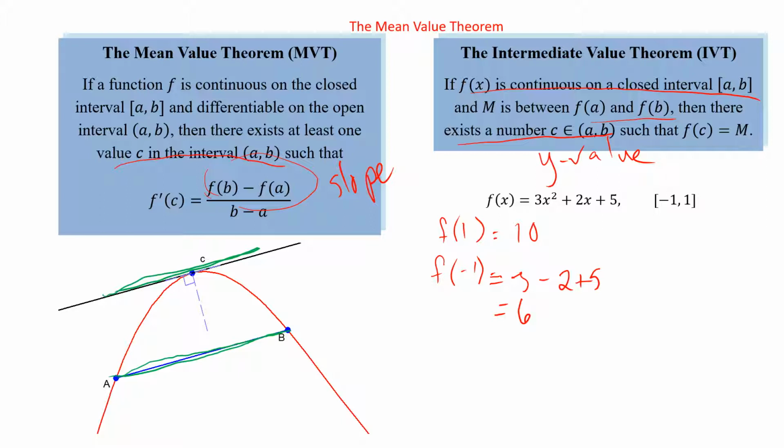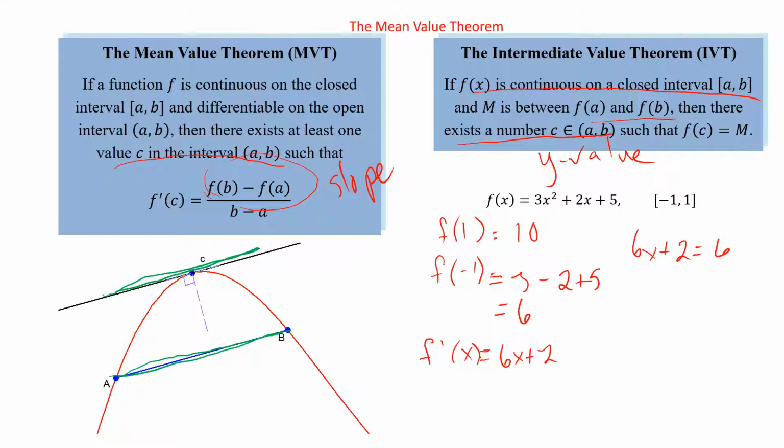Then we also need to find the derivative. F prime of x equals 6x plus 2. And so what the mean value theorem says is somewhere in between -1 and 1, 6x plus 2 will equal 6.